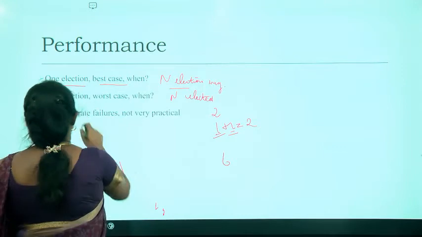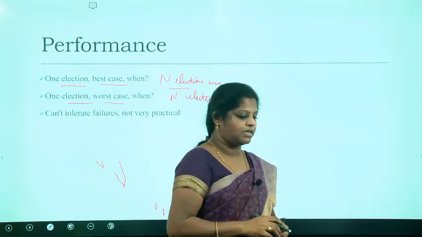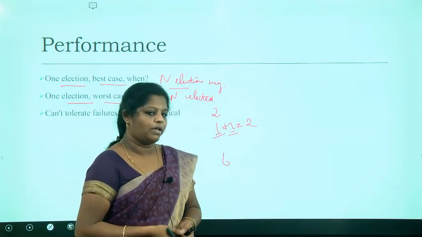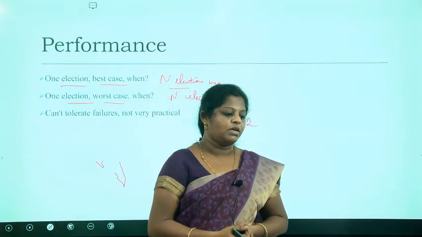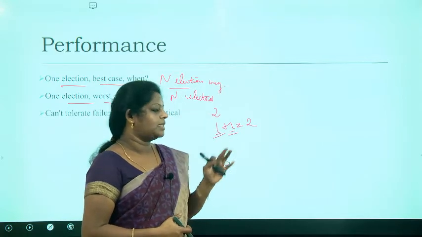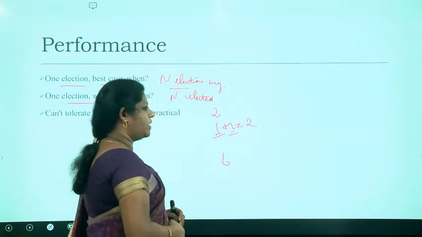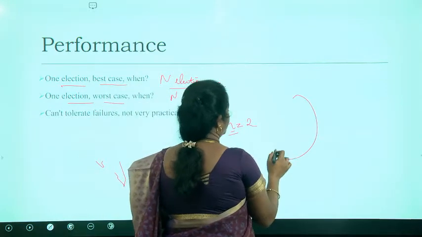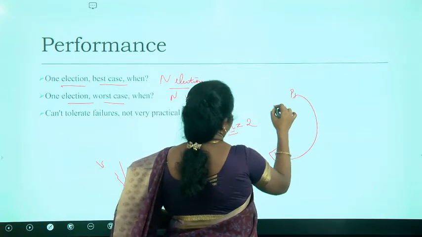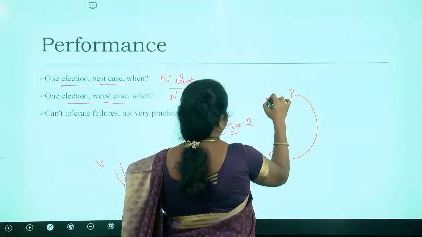Then if we go for one election in the worst case, if only a single process starts an election, the worst performing case is when its anti-clockwise neighbor has the highest identifier. For example, it's rotating like this, this is P1, this is Pn, which has the highest.